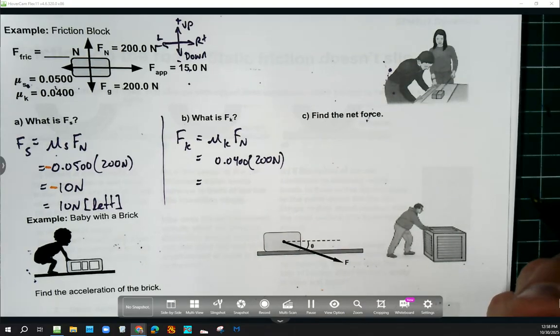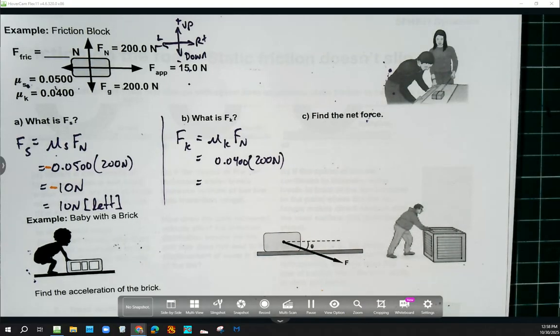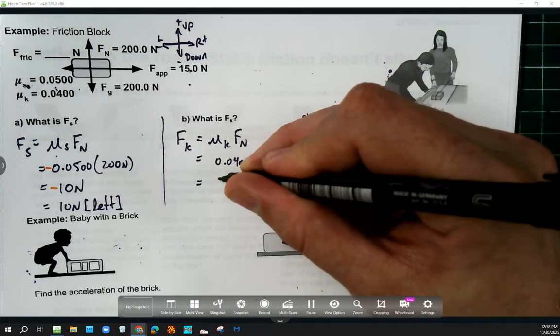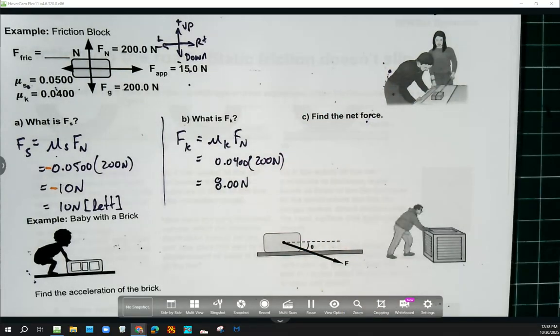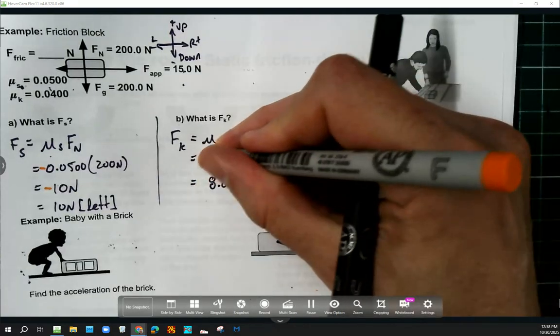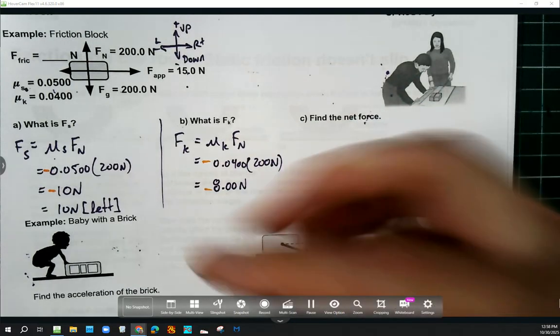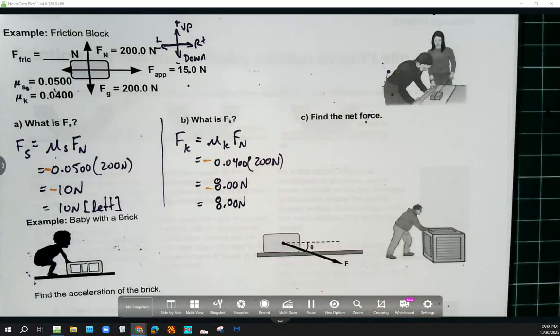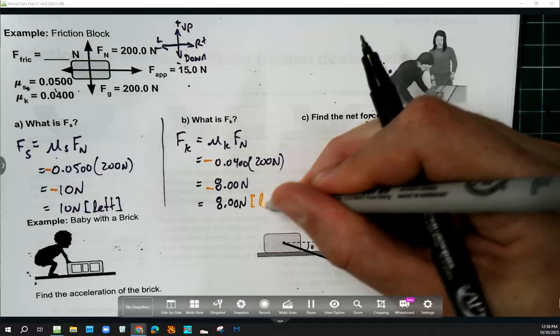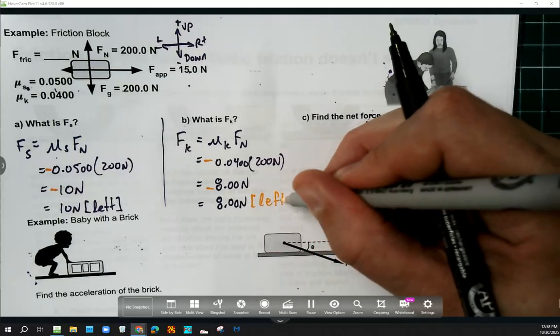So 4% of 100 is 4. 4% of 200 is 8. Yep. So we get 8.00 newtons. What did I miss here based on my reference frame? Negative, yeah. So I'm going to force that in with my thinking brain. And I say, okay, well, then that is going to be negative 8.00 newtons. Maybe I'll even color code it. That negative sign becomes left.